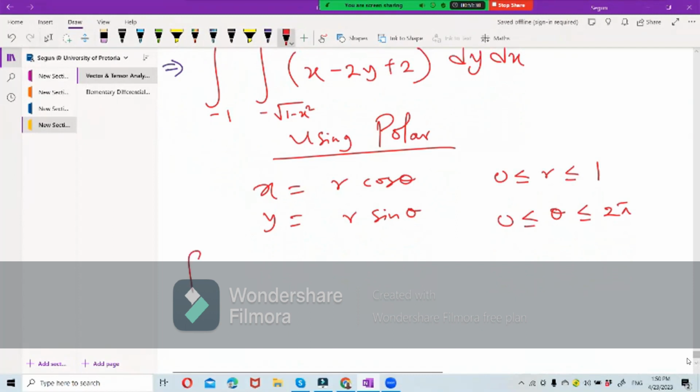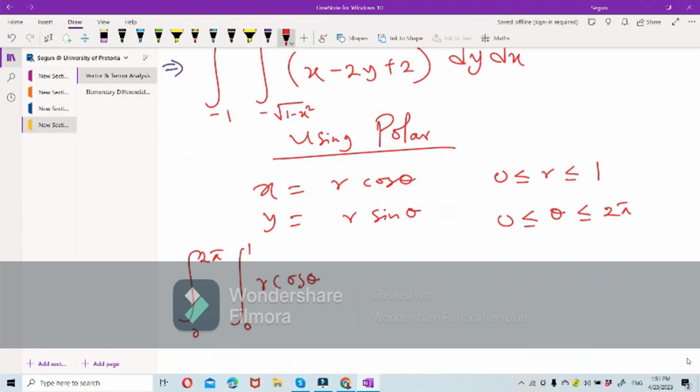The first one will be 0 to 2 pi, while the second one will be from 0 to 1. Then I can now substitute my r. So my x will be r cos theta minus 2 r sin theta plus 2.